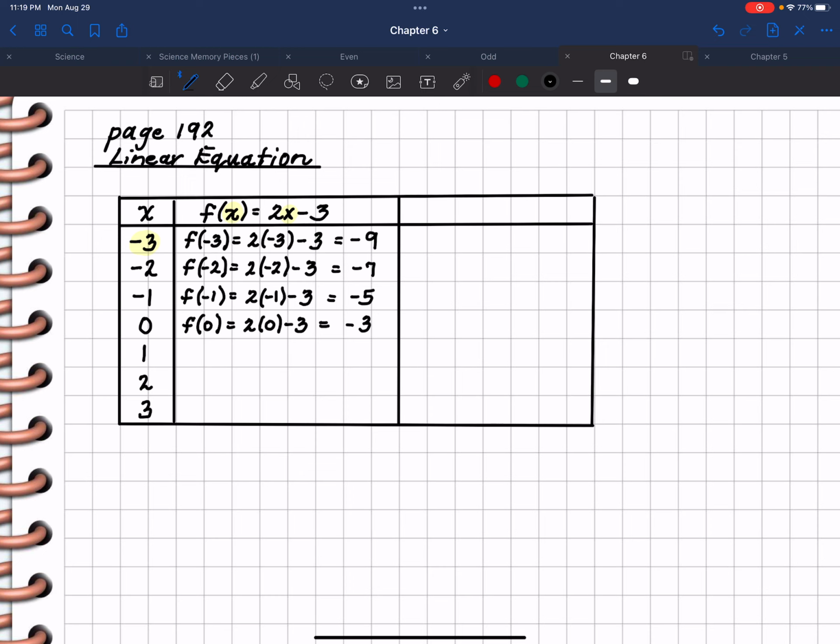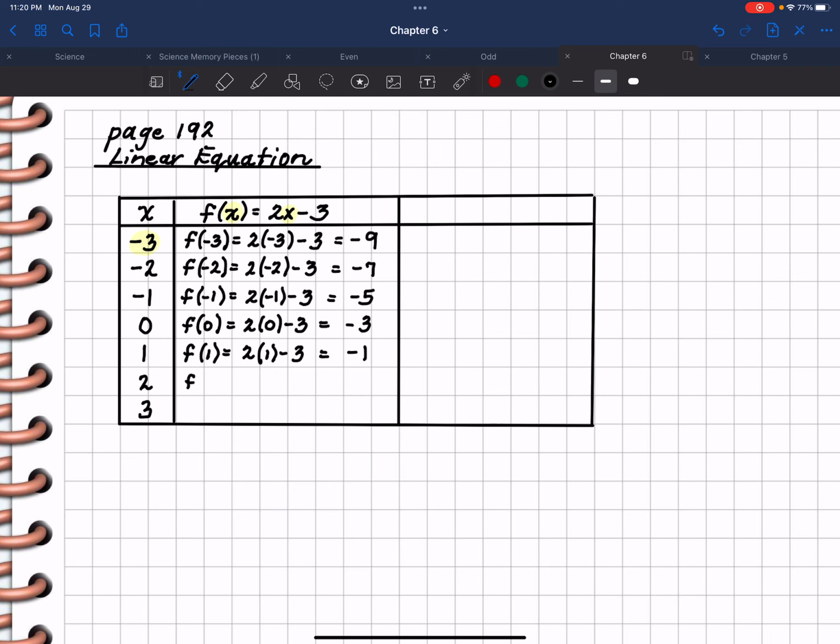And you may already be seeing a pattern here. That's what I want you to notice. Do you see a pattern emerging? Okay, so F of 1 will be 2 times +1 minus 3. That's 2 minus 3, so that is negative 1.